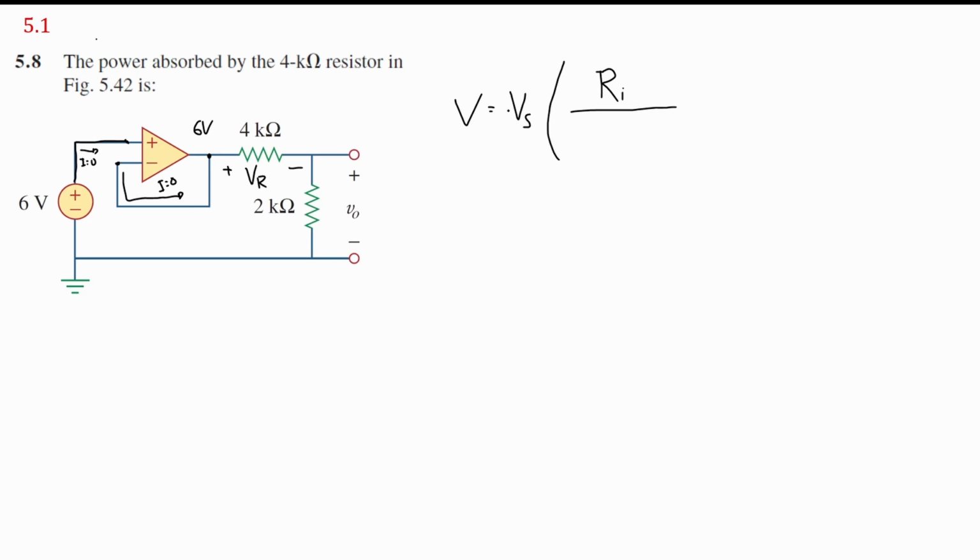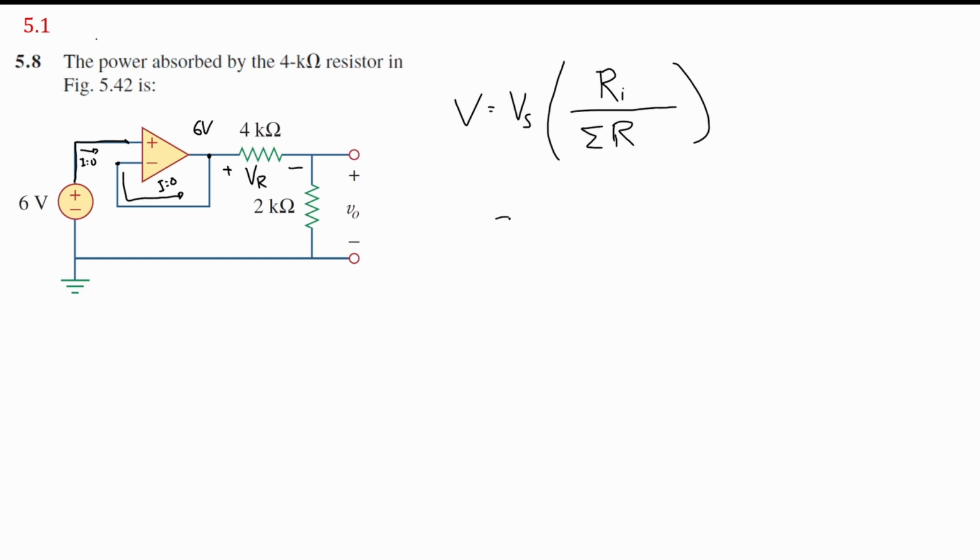Ito yung resistance parallel sa voltage. So, ano yung parallel ng voltage na natin? Yung 4K. So, yan yun. And then, summation ng lahat ng resistor in series. So, dito, let's make this. So, lahat ng summation ng resistance.